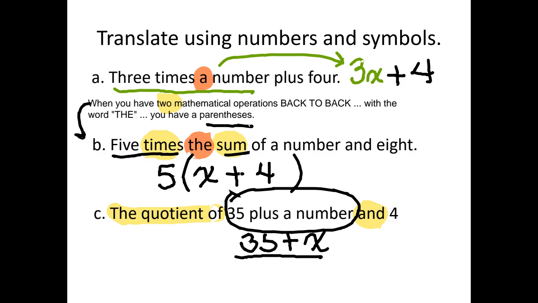And the word 4. Okay. The quotient of, find that and, because after the and is your denominator. Everything between that I've circled in black is the numerator. 35 plus a number. So if you have trouble with this, practice.